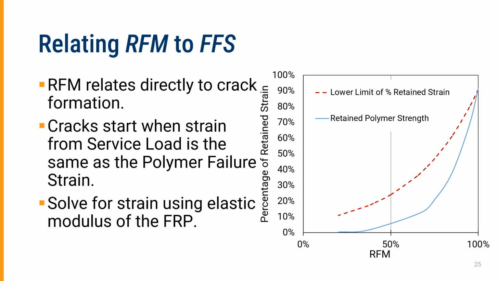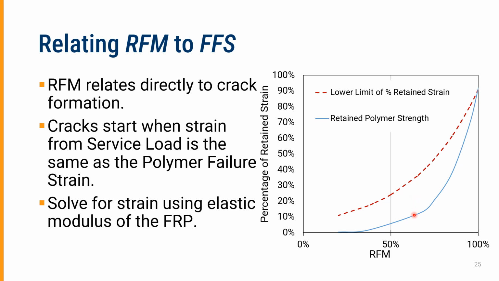So for a given value of RFM that we've determined from a sample, if we find it along here, we can look straight up and say, okay, the retained polymer strength is, say, about 10% of what it was, and the strain at failure is 30% of what it was.